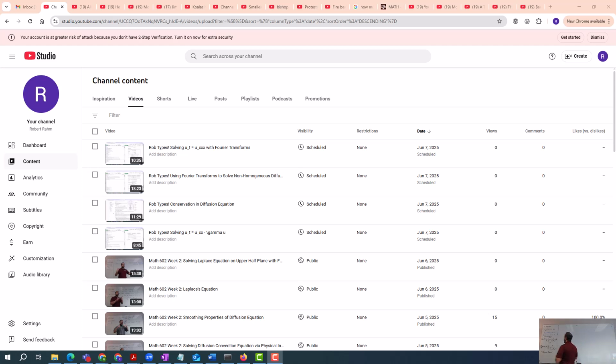Now, I'm going to make two claims about this. So first, here's a theorem. It says assume f is bounded and continuous.